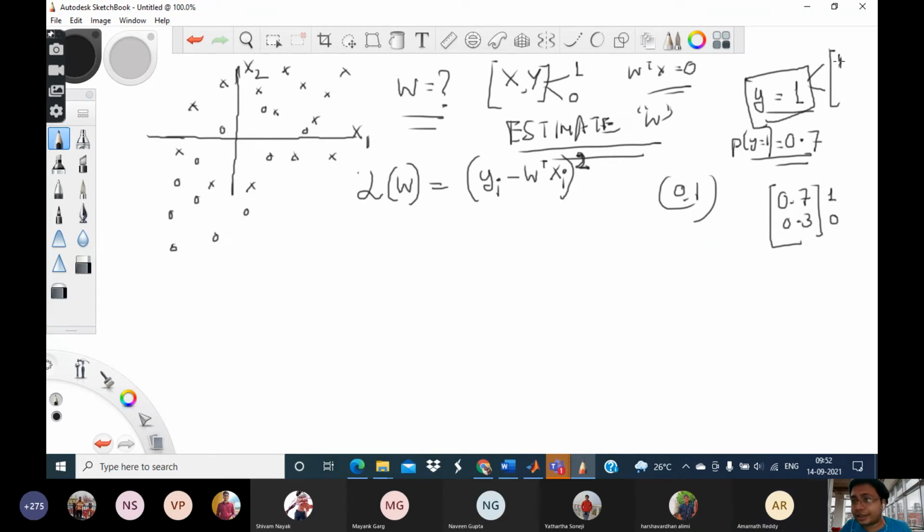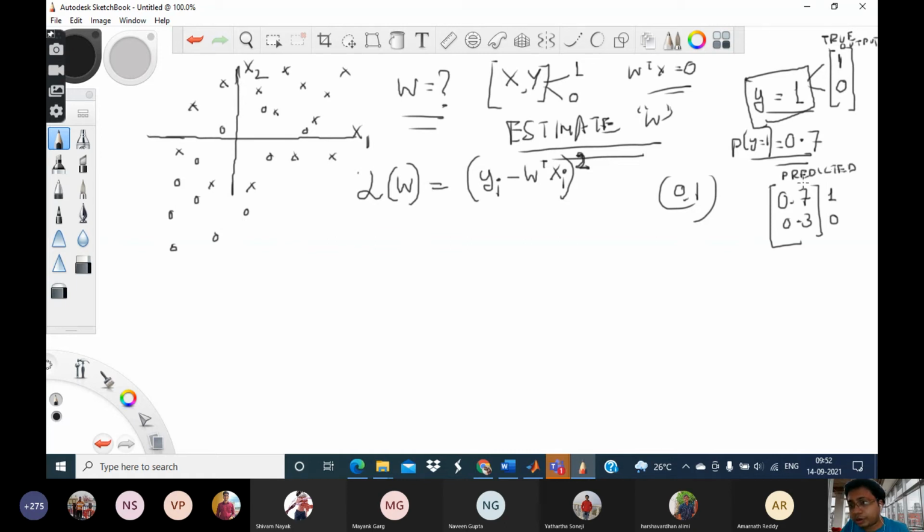You can say that it's 1, 0. It has been given to you that in this case the probability of belonging to class 1 is 1 and the probability of belonging to class 0 is 0. This is your true output, and the predicted output is this 0.7, 0.3.